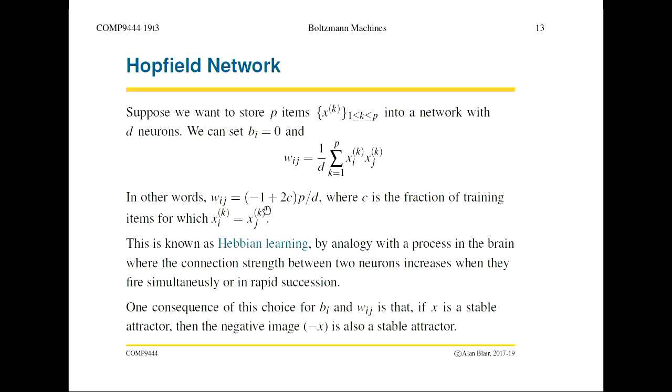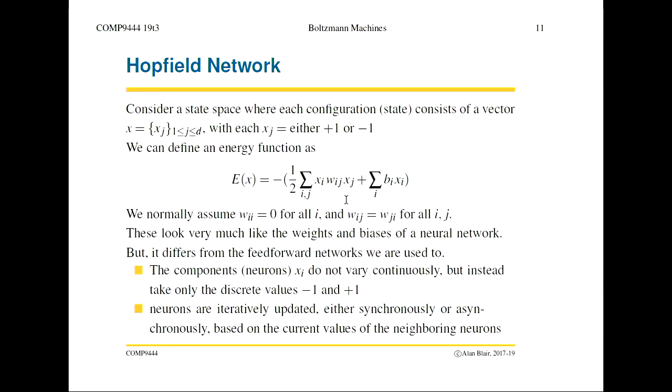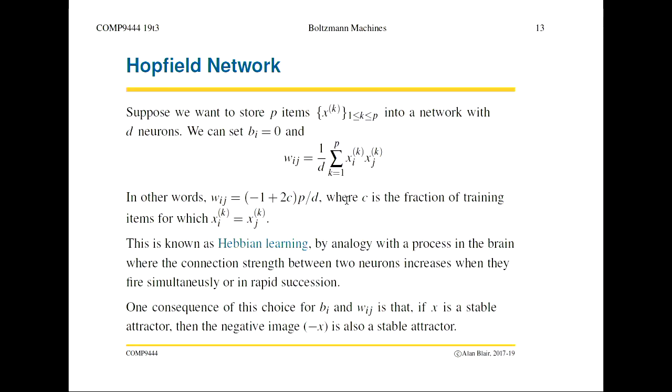We set wij equal to 1 over d times the sum from k equals 1 to p of xi k xj k.